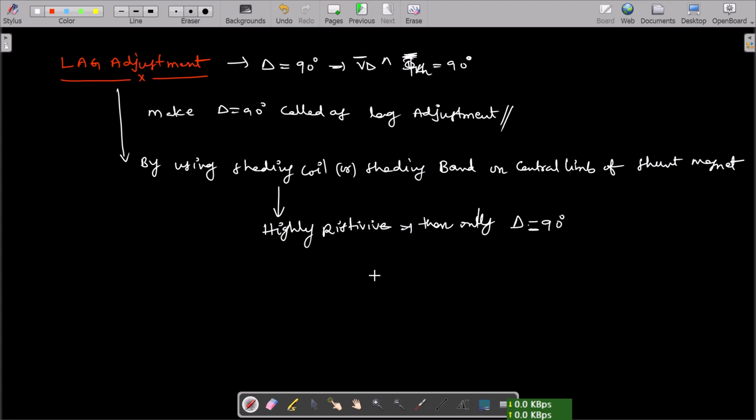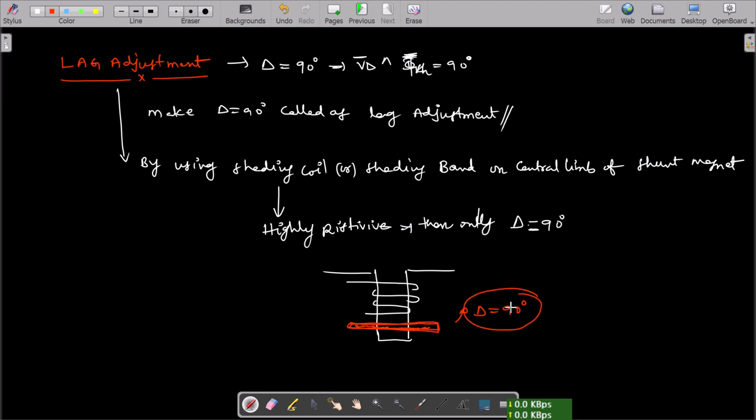So we are going to have the central limb of that shunt magnet, and we are going to have the shunt coil here like this, and on this we are going to put a shading band like this, a shading copper band. It is highly resistive, and this is going to make delta equal to 90 degrees.